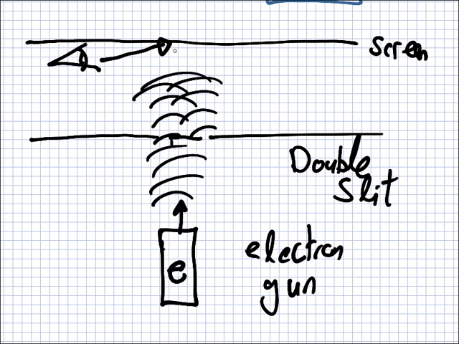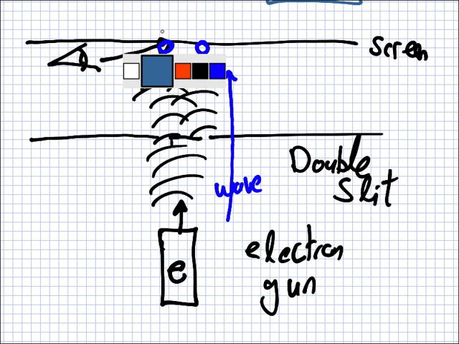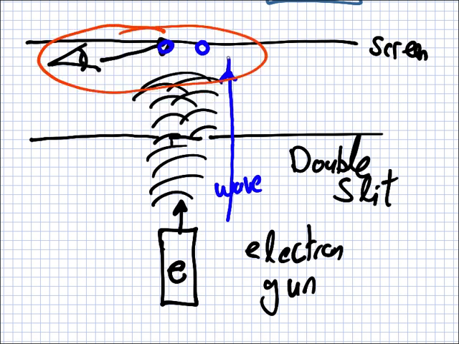Behaving like a wave, and then here it turns back to behaving like a particle at the last minute. So it can behave like a wave all the way up to here, and then because you're looking here, it will switch back to a particle at the last part.